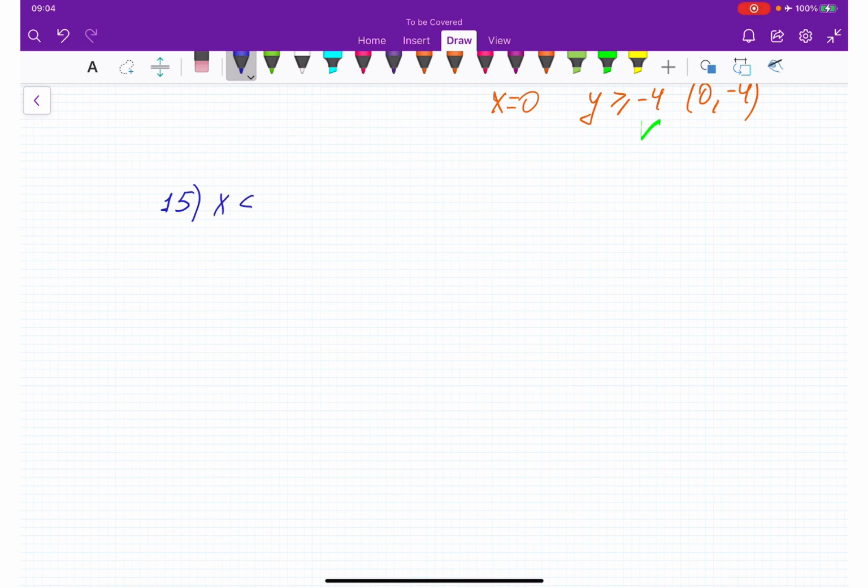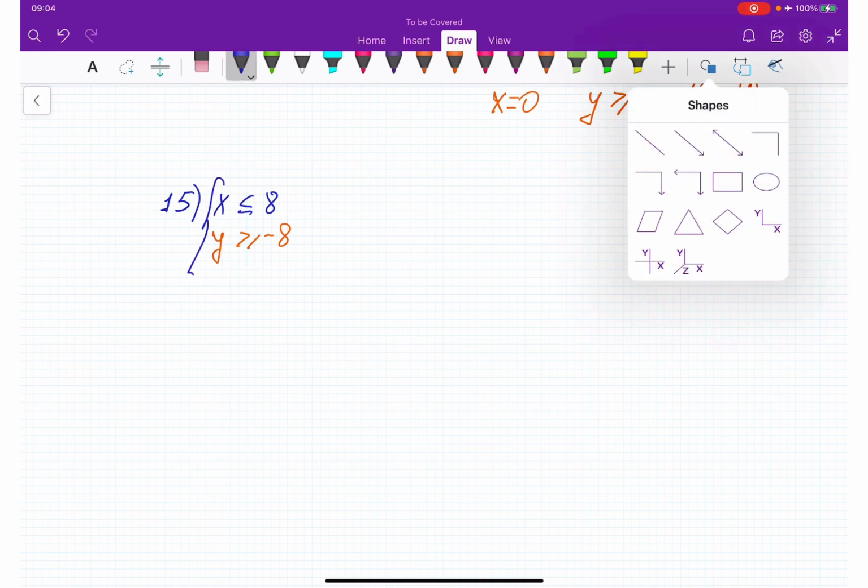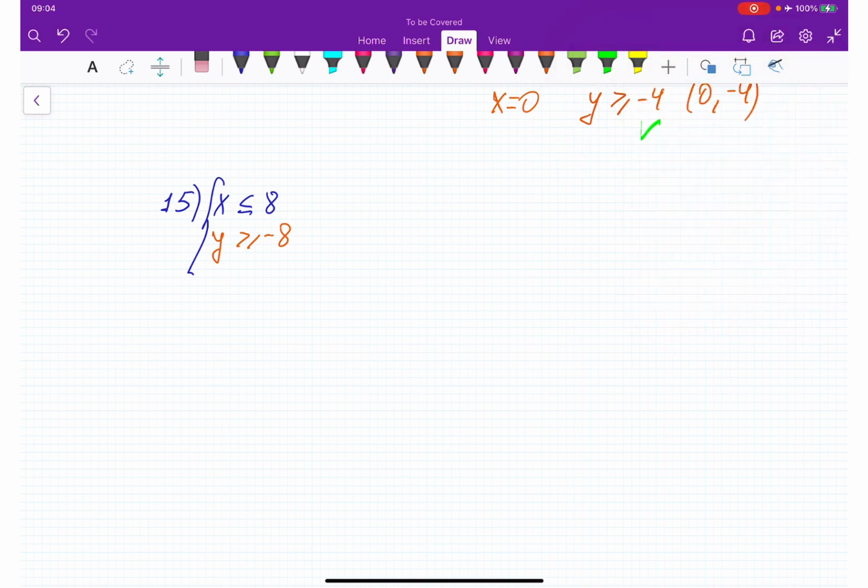X is less than or equal to 8. And y is greater than or equal to negative 8. Okay, so graphing environment, let's create it.